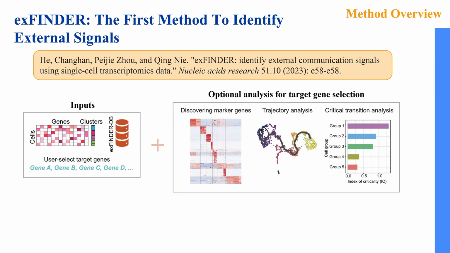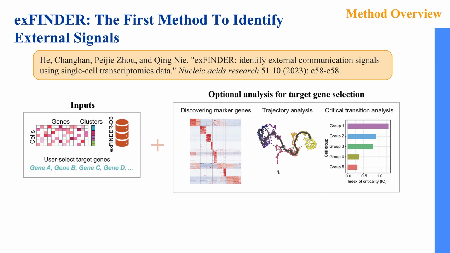Of course, how to select those target genes can be tricky. So there are optional analyses that can help in selecting the target genes. First, discovering marker genes has already become routine.